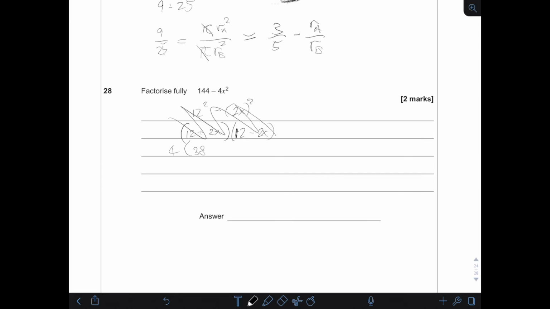Is that right? No, it's not. 6 is the right one. So 4 times 36 minus x squared. 36 is 6 squared, right? So 6 squared minus x squared. That is 4 times 6 plus x, 6 minus x.